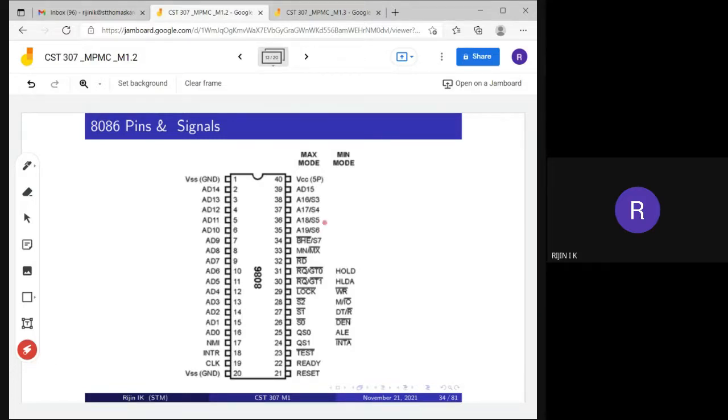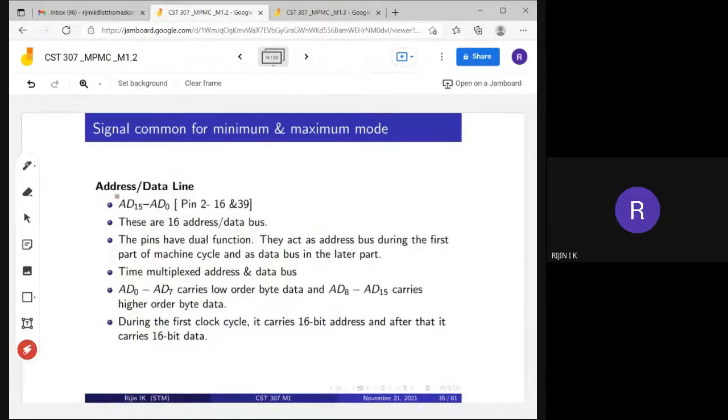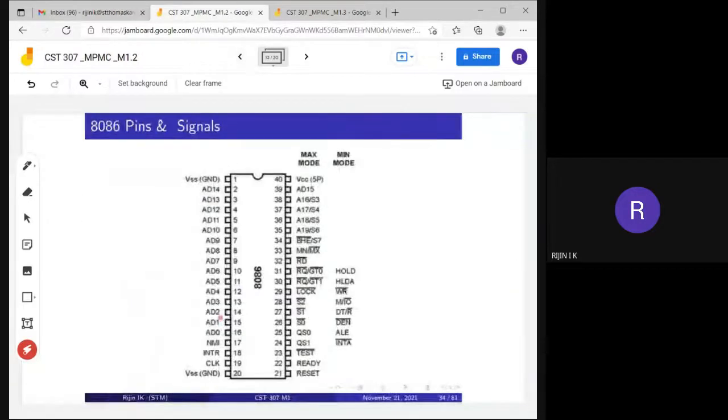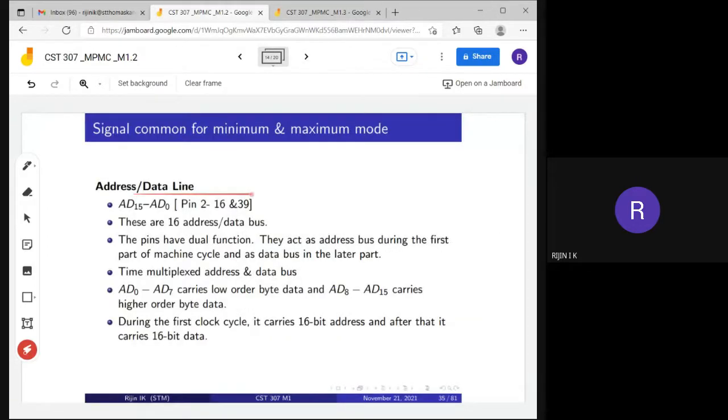So we can see that the first one is the address and data lines, AD0 to AD15, that is pins 2 to 16 and 39. These are 16-bit address and data lines, and we have studied that they have a dual function.